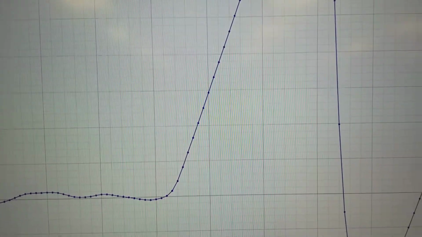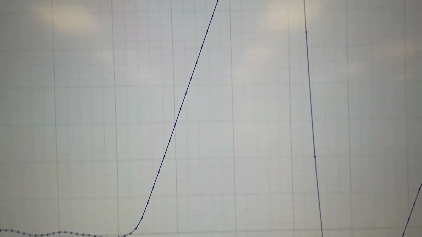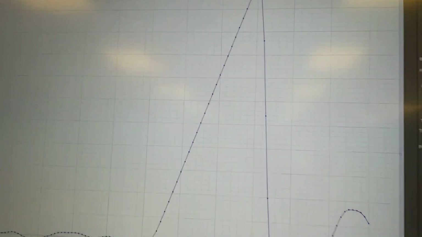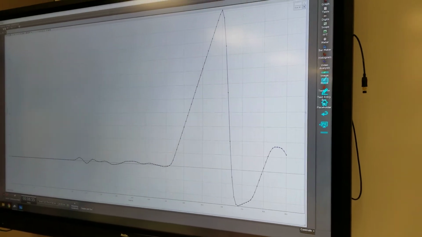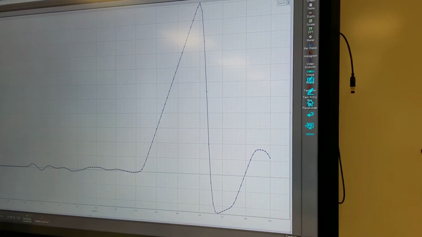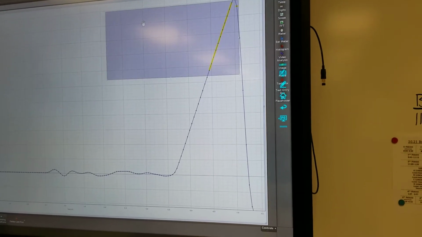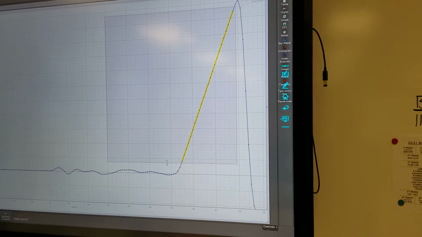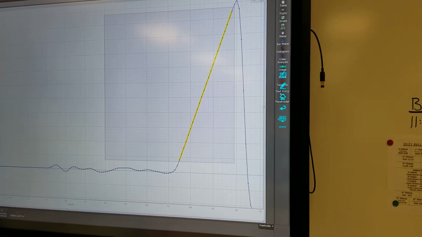The points that we're interested in are when it's speeding up, from about 5.5 seconds to a little more than 6.5 seconds. So it accelerated for a little bit more than 1 second. To get the acceleration from a velocity time graph, I'm going to select just that portion of the graph, draw my box around there, and then do that linear fit.